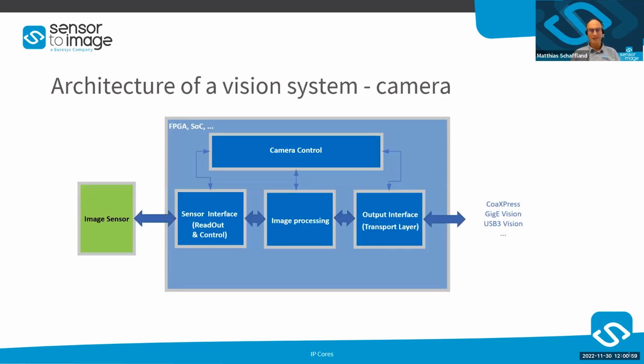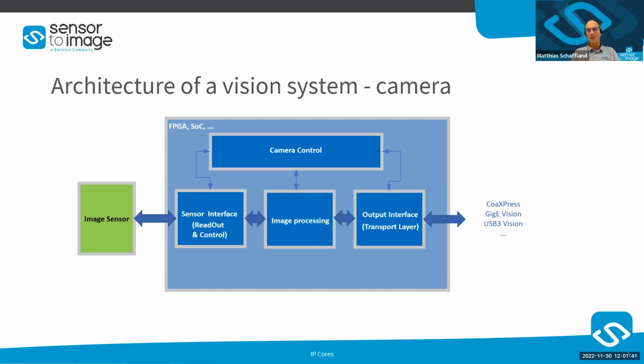Okay, how does a typical camera system look like? We have an image sensor, one or even more, which is then connected to a processing unit. That could be an FPGA, that could be an SoC, maybe different things as well. Within that processing block, you need an interface to the sensor. Some SoCs have MIPI interfaces, for example, or for other sensors, you might have an IP core to do that, followed by some image pre-processing, pixel detection, defect detection, something like that.